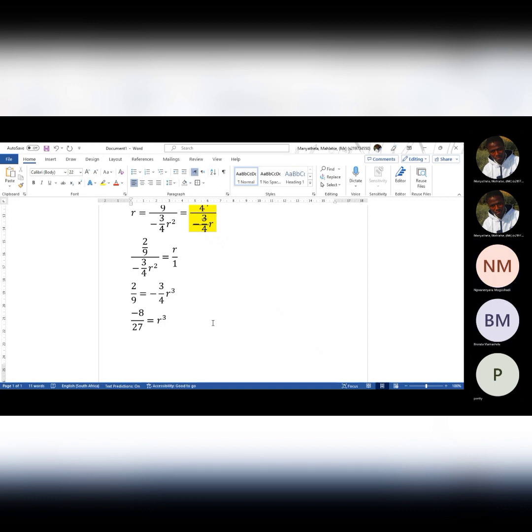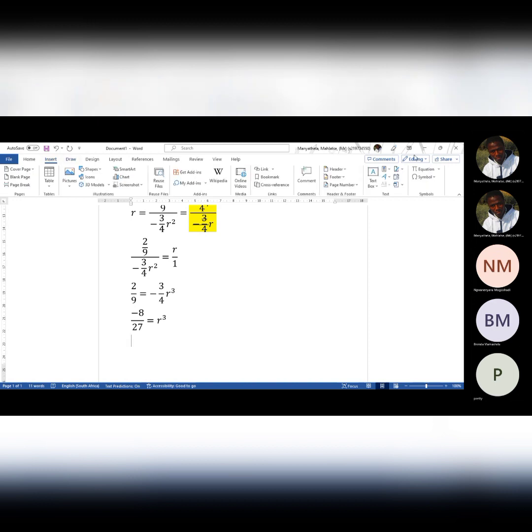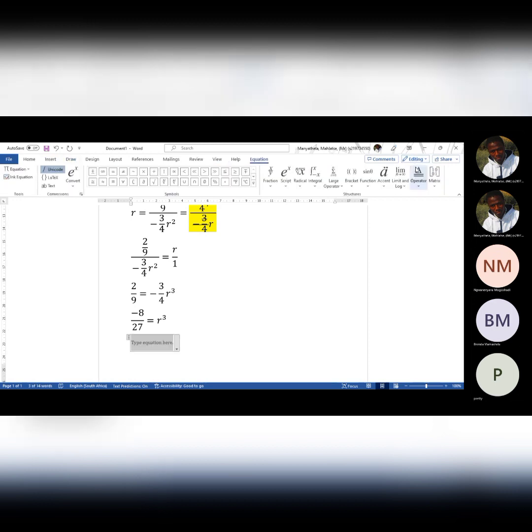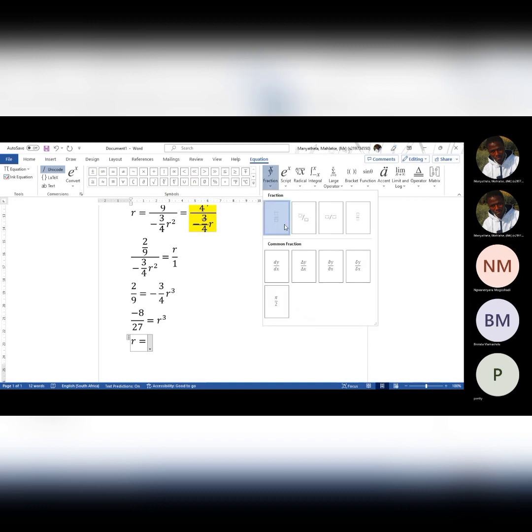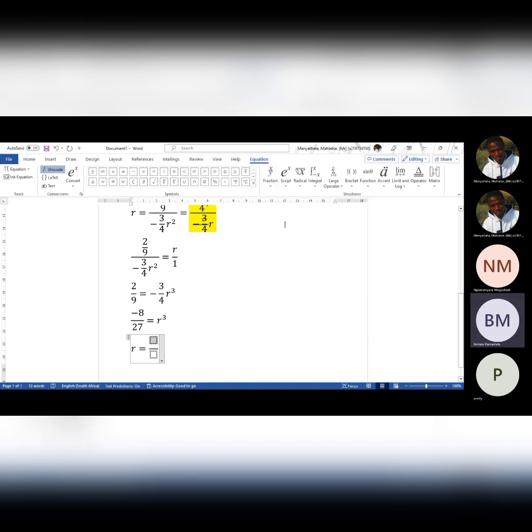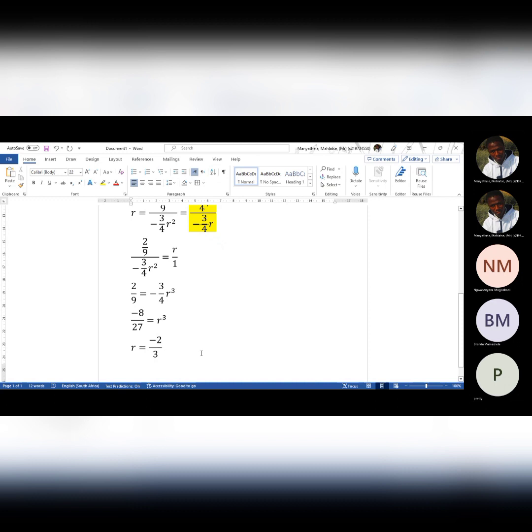You find negative 2 over 3, meaning your r value is negative 2 over 3.